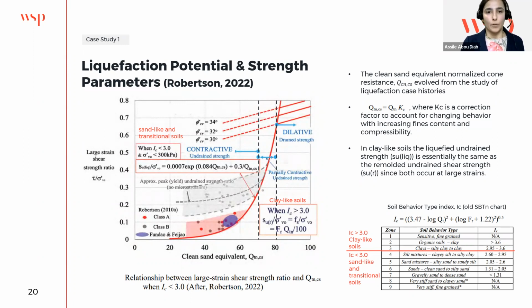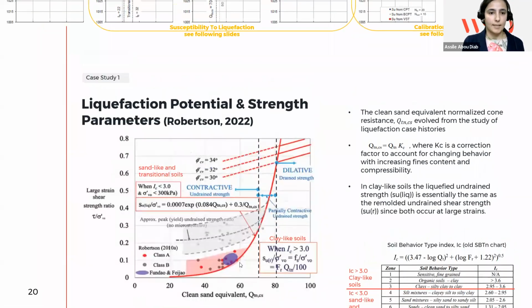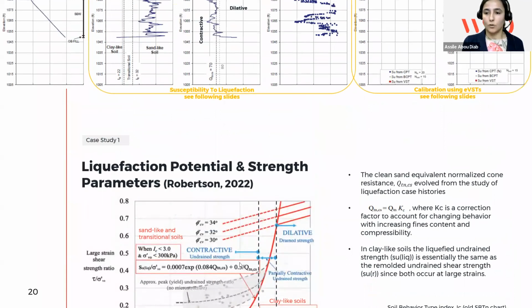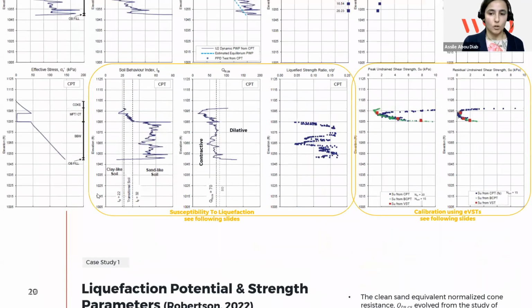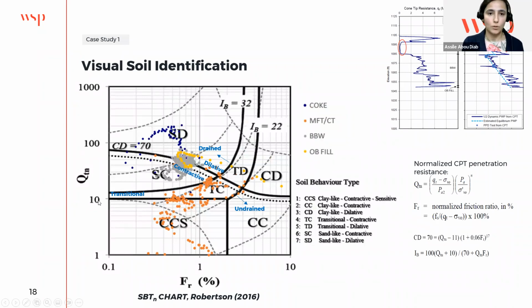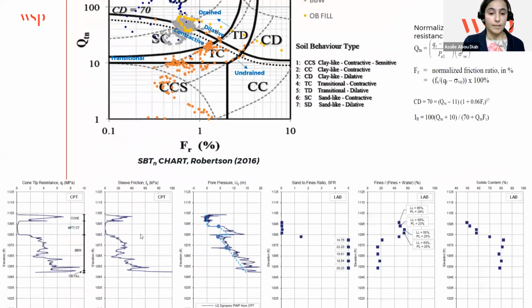So whenever we have tailings sand that is susceptible to liquefaction, the Su/σ'v ratio, the liquefied strength ratio, is a suitable way to represent the strength. Here on the y-axis, we can see the Su/σ'v ratio, and on the x-axis, we have the Qtn,cs. Qtn,cs is the same as the normalized cone resistance that we are showing here, which is the cone resistance normalized to the overburden stress, and taking into consideration the soil type.